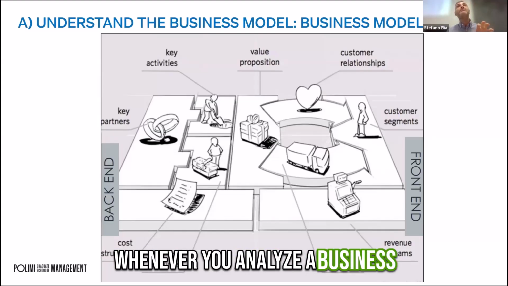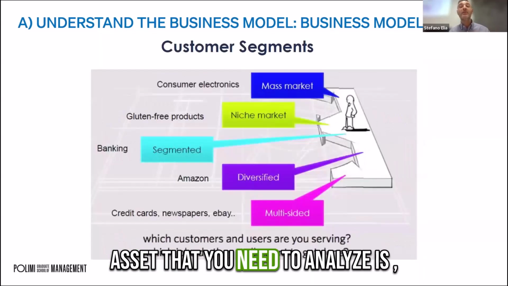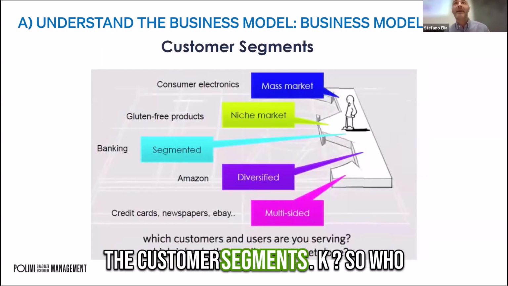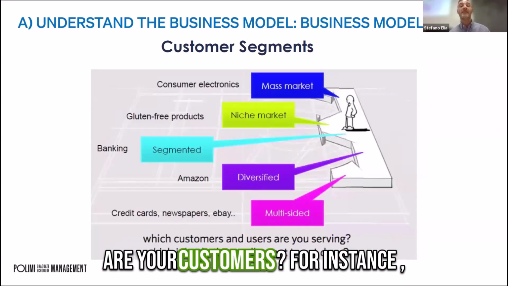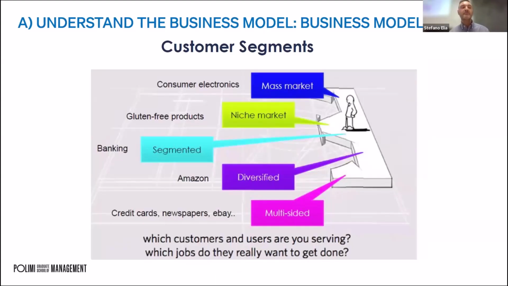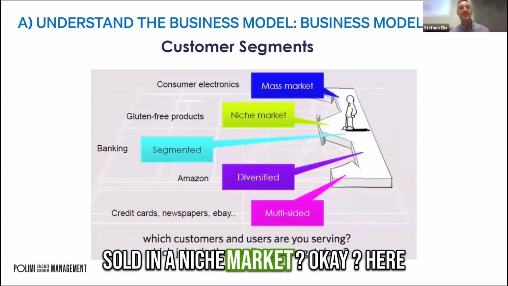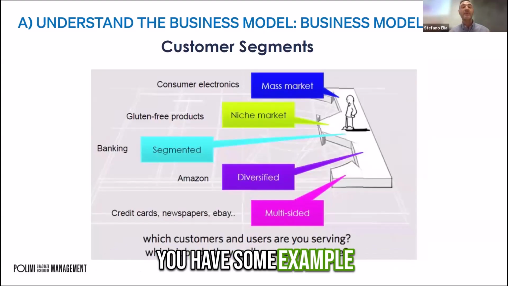Whenever you analyze the business model of your company, the first aspect that you need to analyze is the customer segments. Okay, so who are your customers? For instance, are you selling a product that is basically for mass markets, or is a product that is sold in a niche market? Okay, here you have some example.